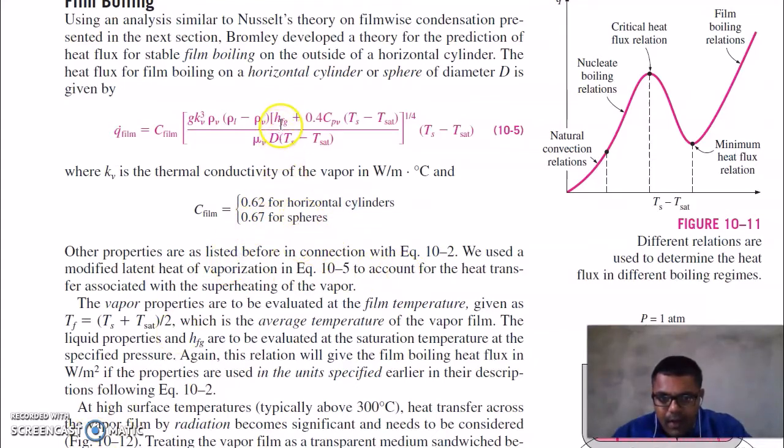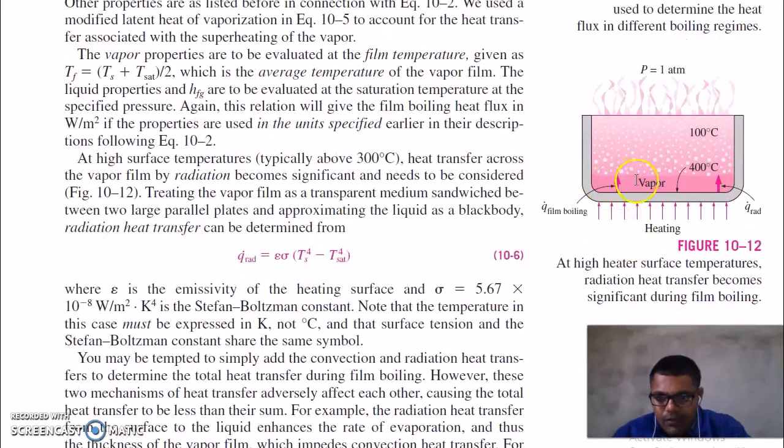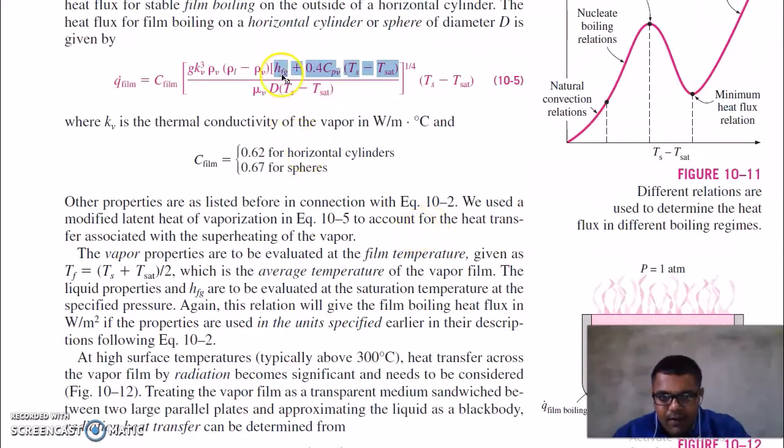Now here we have used the latent heat of vaporization, which is a modified one. This is to account for the heat transfer associated with superheating of vapor, because we are using superheated vapor here. So this is your vapor region. So we have to account for this correction factor here, which is the heat transfer associated with superheating of vapor.